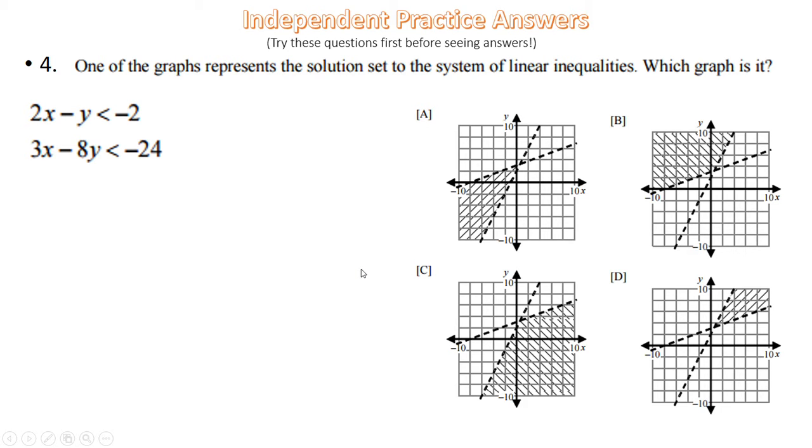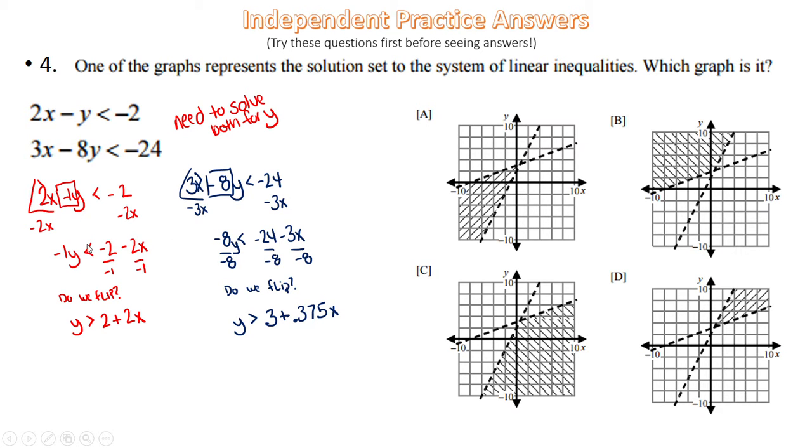All right, number 4. I need to solve both of these for y. And when I solve them both for y, they actually both will flip. The first equation flips when I divide by -1. The second equation flips when I divide by -8. And I chose to write it in decimal form here. You can keep it as a fraction if you like, 3/8 x.